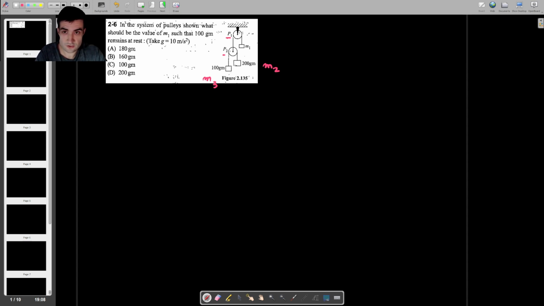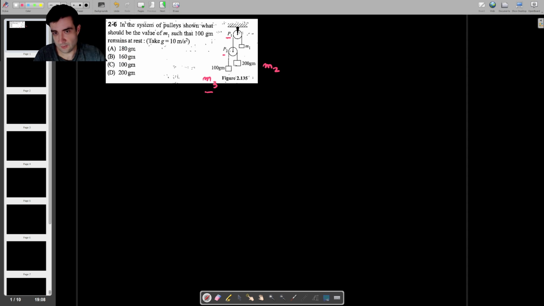Now, the question wants us to find the value of M1, given that the 100 gram mass, which is the one we labeled M3, is at rest, which is interesting. So essentially, as you set up the system, and once you let it go, all the masses would normally accelerate, but in this case, mass M1 would accelerate, up or down, we don't know yet.